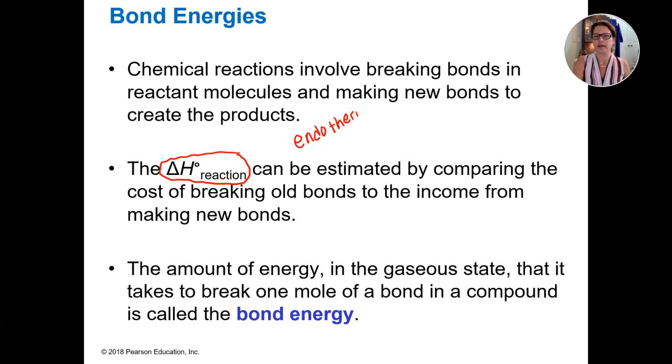Putting energy, heat or energy, into something to break bonds. When we release energy, it's exothermic. And energy is released when bonds are formed. So the amount of energy it takes to break bonds or to form bonds is bond energy.